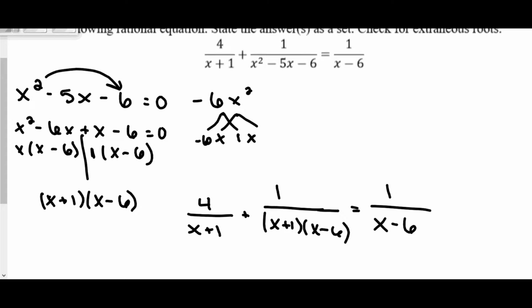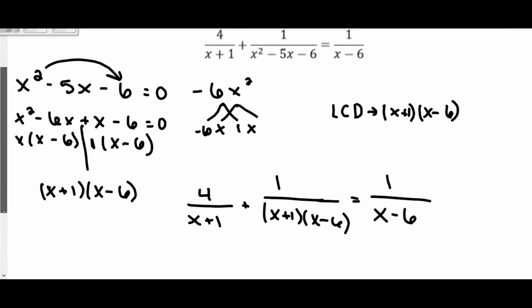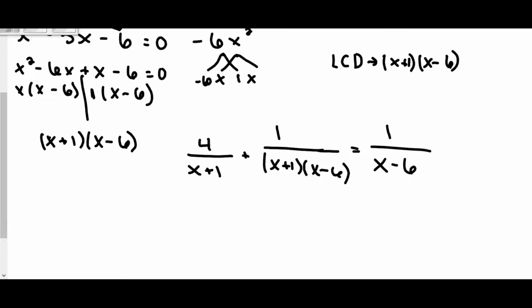So looking at this, our LCD is going to be x plus 1 times x minus 6. So what we are going to do is build up each fraction to have this LCD because we want to be able to throw out our denominators.